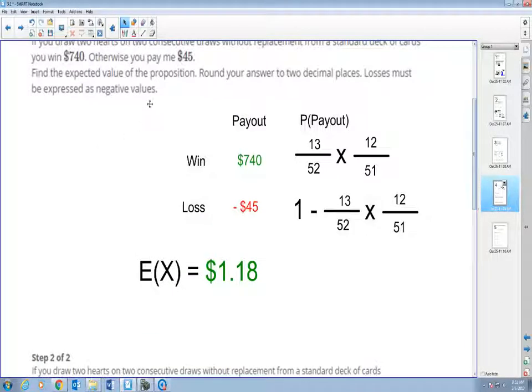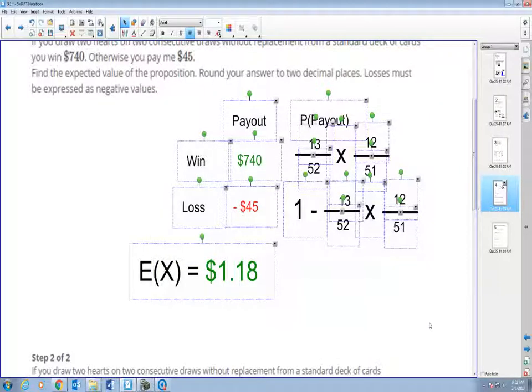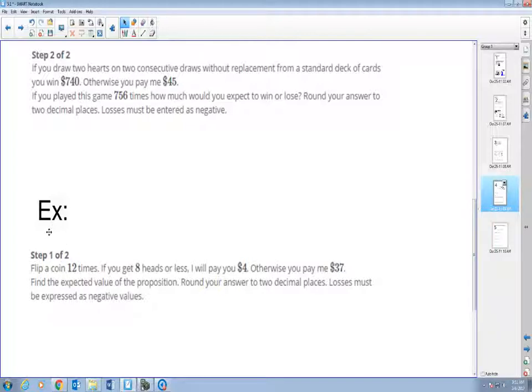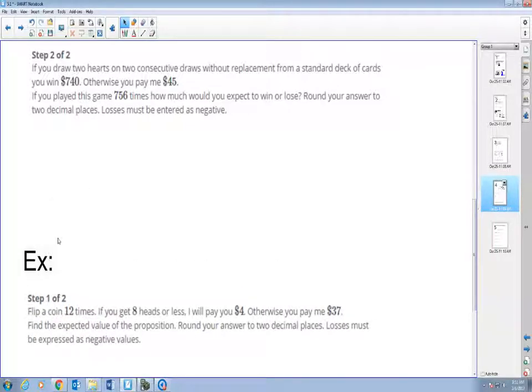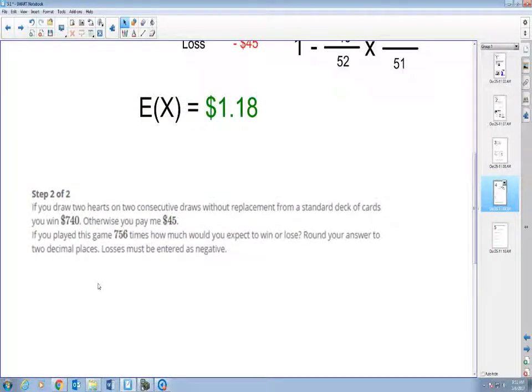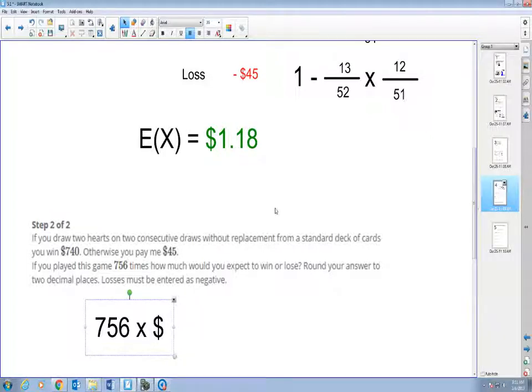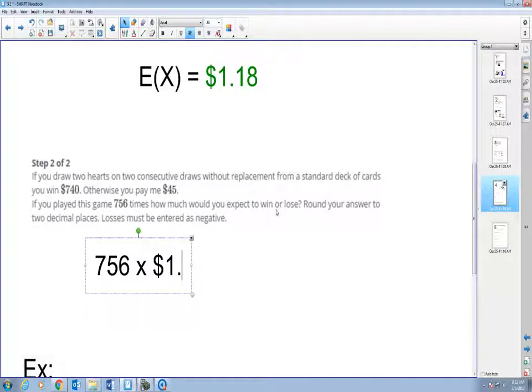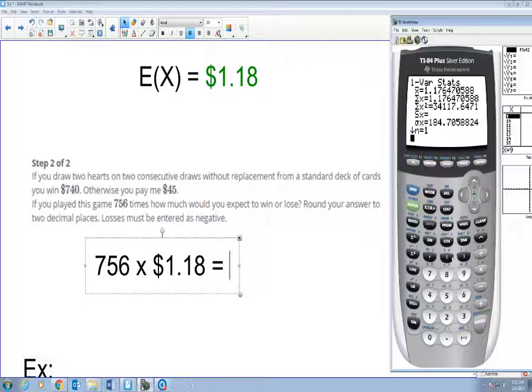I apologize. I didn't do my probability experiment correctly. Alright, so we played this game 756 times. So that will be 756 times my expected value, which is win $1.18. 756 times 1.18.